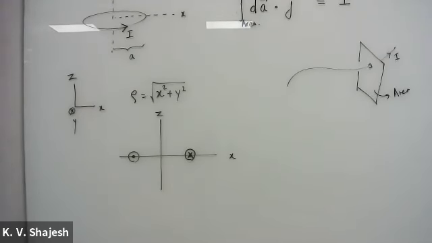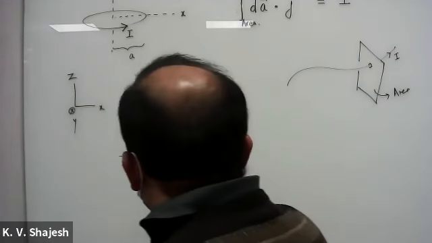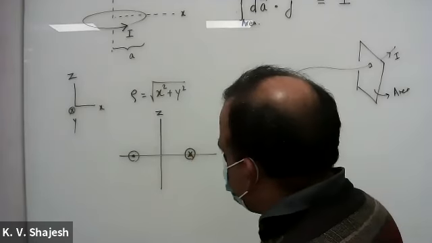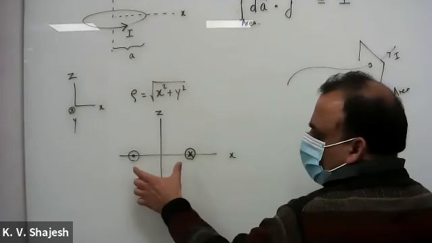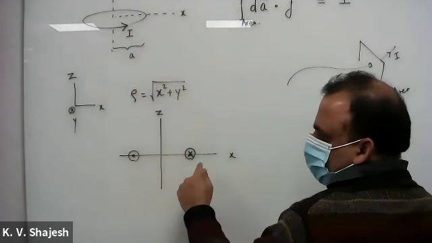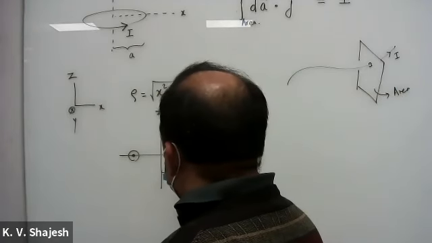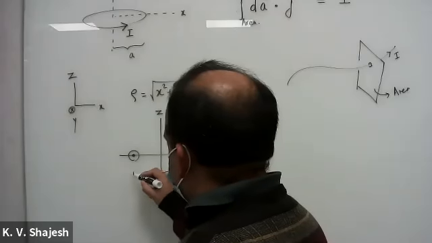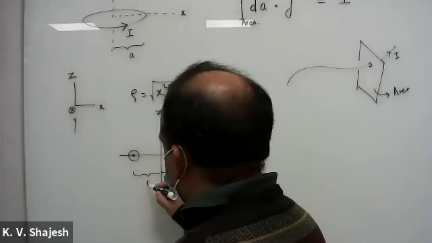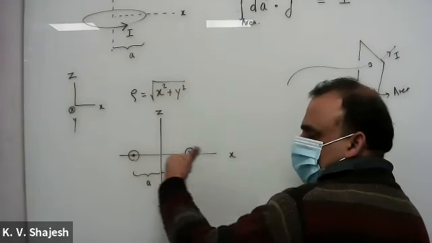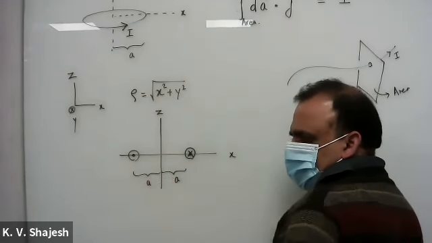So what I was saying is that if there is an XZ plane, my loop of wire looks like this. It is going into the page at distance A, and it's coming out of the board at distance A from here. Is that clear? Yeah.